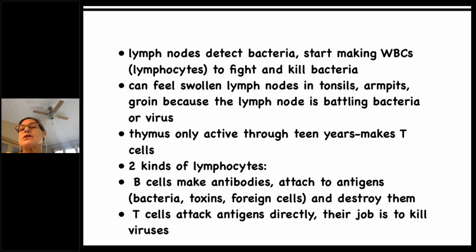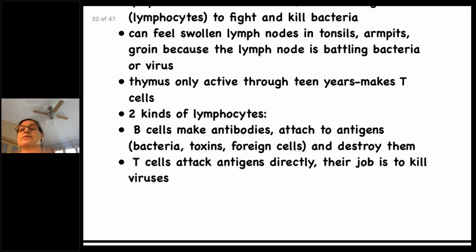There's an organ of the immune system called the thymus, and it only produces these cells through the teen years. It makes T cells. T cells fight viruses, kill viruses. Okay, so there's two kinds of lymphocytes. There's the B cells that make antibodies that attach to antigens.